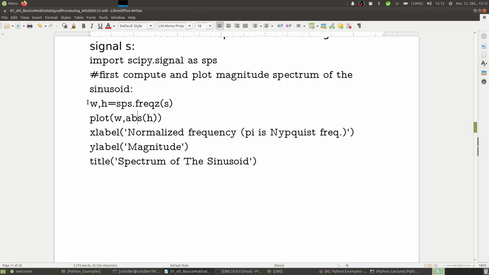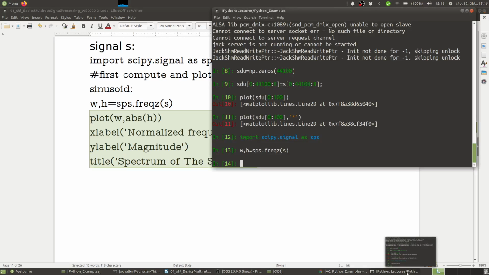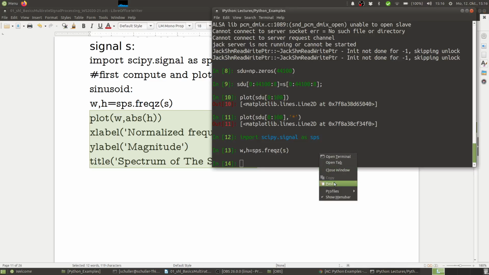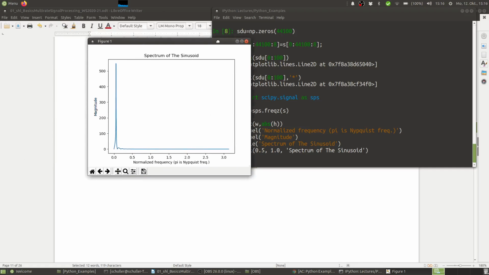So this is the frequency axis, and H contains the complex values of our DTFT. Here we only plot the magnitudes, because it's easier to visualize, right? So we now plot it. And this is what we get.